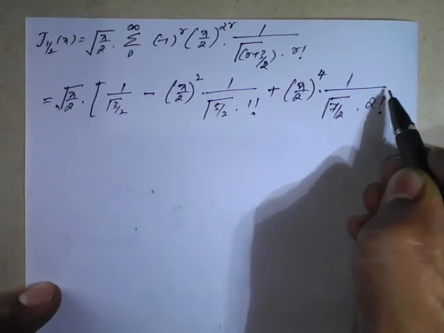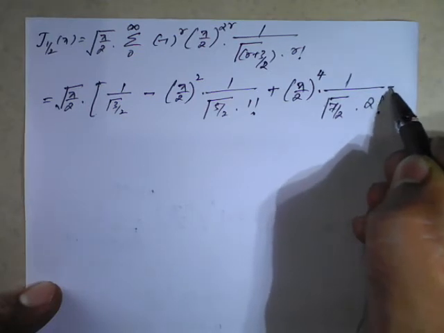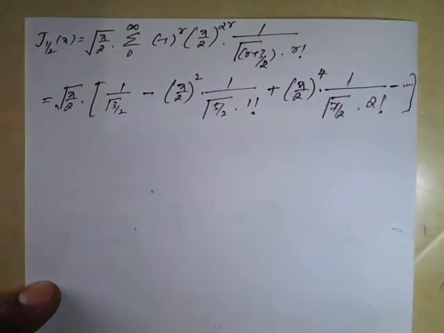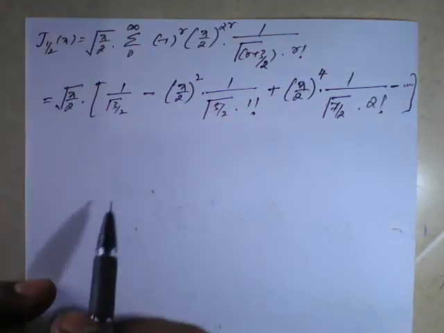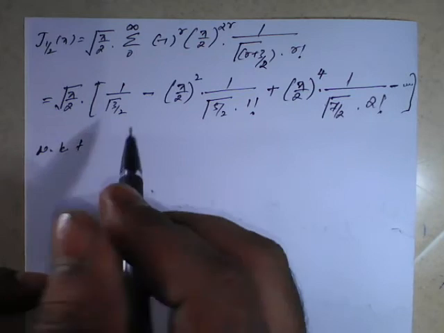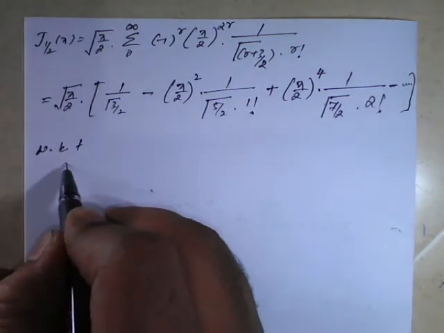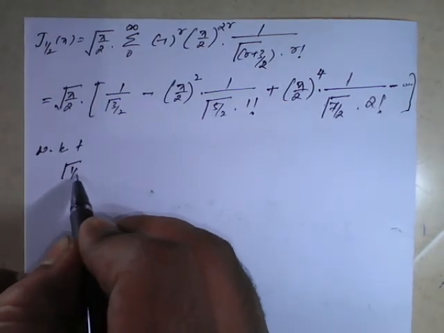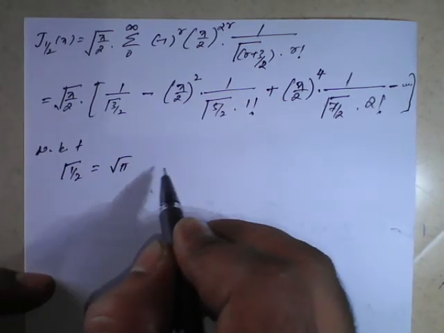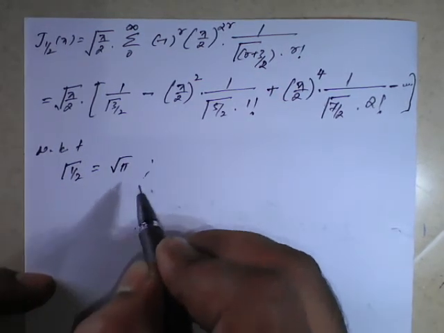The next sign is minus, and so on. Which is nothing but, and we already know these results, gamma of 1 by 2 is square root of pi.